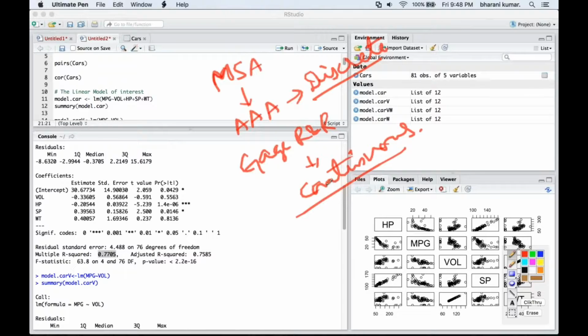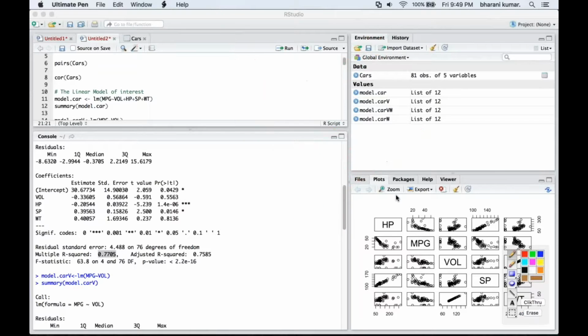In mission critical projects such as nuclear power plants and wherever lives of humans are involved, this kind of measurement system analysis is used to check whether the measurement system in itself is reliable or not. Only if your measurement system is reliable, the data collected from it would be reliable. There are a bunch of other techniques which you can use.